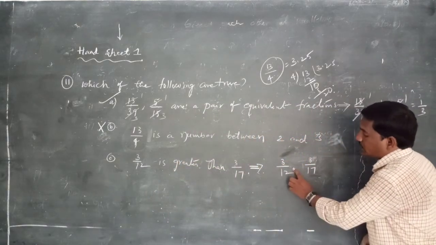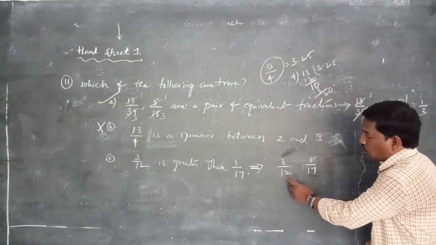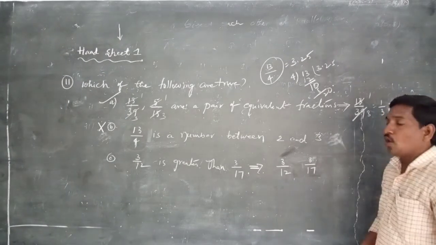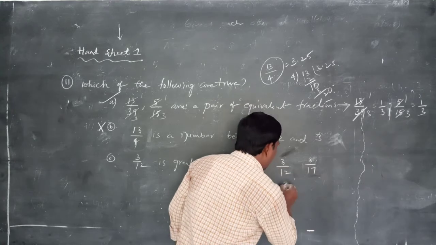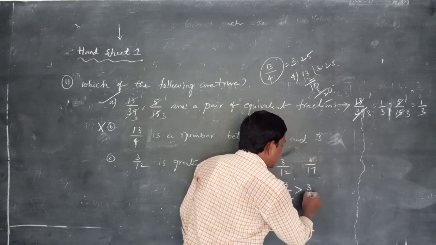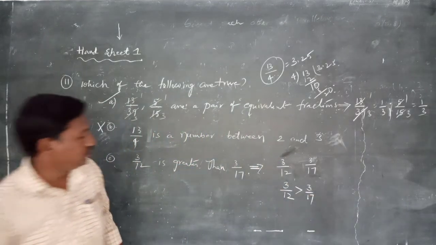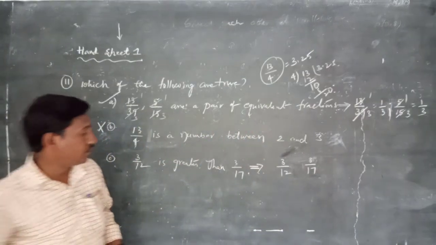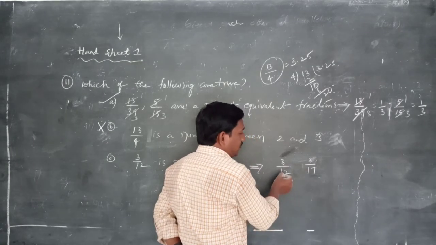Which fraction has the lesser denominator, that is the greater one. 3 by 12 is greater than 3 by 7. Why? Because just compare the denominators 12, 7.